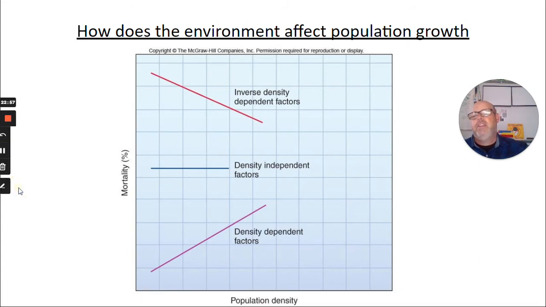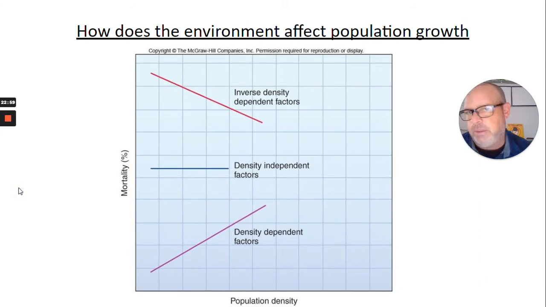A good example for this is lions and wildebeest. A lion is going to take a wildebeest for food, let's call it once a week. They take down one wildebeest a week. Do you think lions are all of a sudden going to start taking down 4 or 5? They can't actually eat that much in a week.